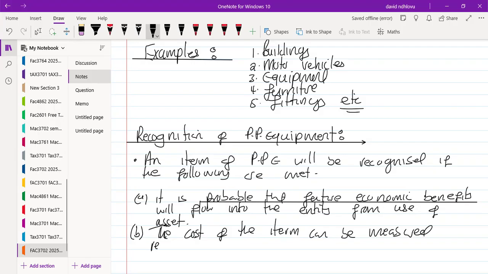Right, so as soon as these two requirements are satisfied, then we should recognize an asset into our books. As soon as we are able to satisfy these two requirements, then we should immediately be able to recognize an item of property, plant, and equipment in our books.